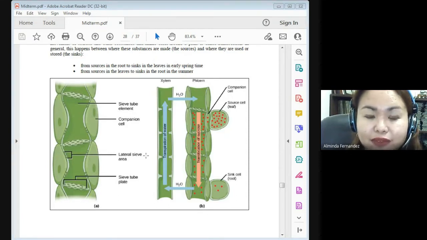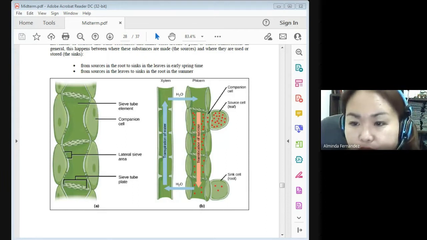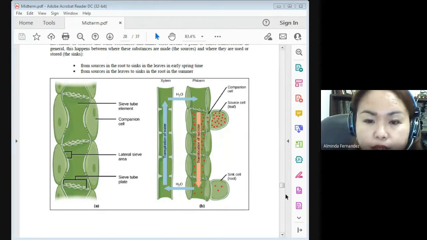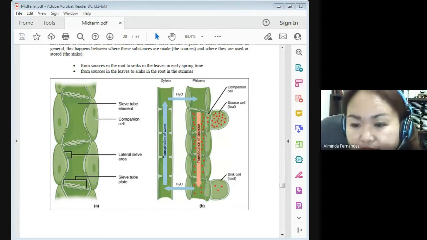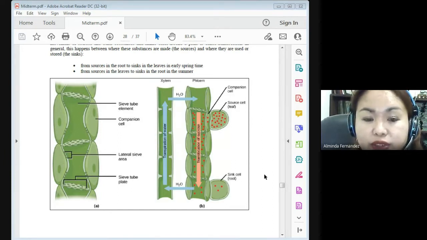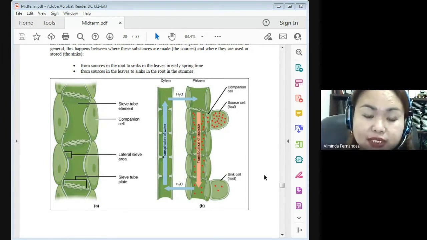Or the movement of water or particles from the area of higher concentration to lower concentration gradient, no? Or it could be active transport, no? Kasi passive transport, yun ibig sabihin walang energy na ginagamit. In the active transport, it needs energy, no?